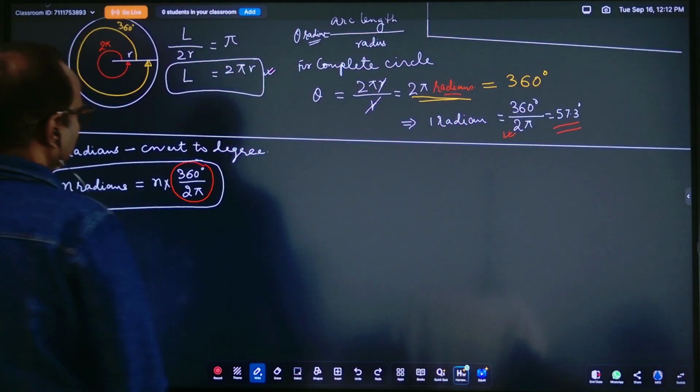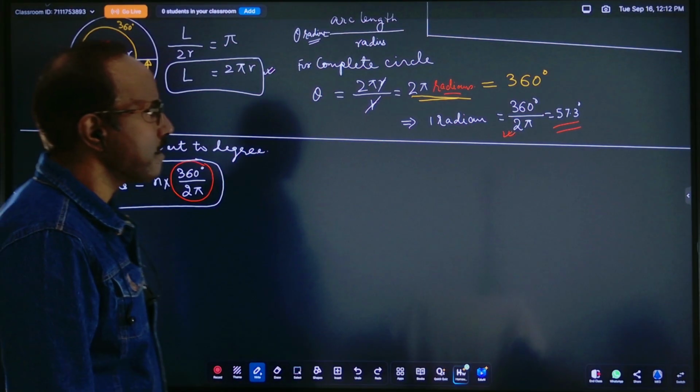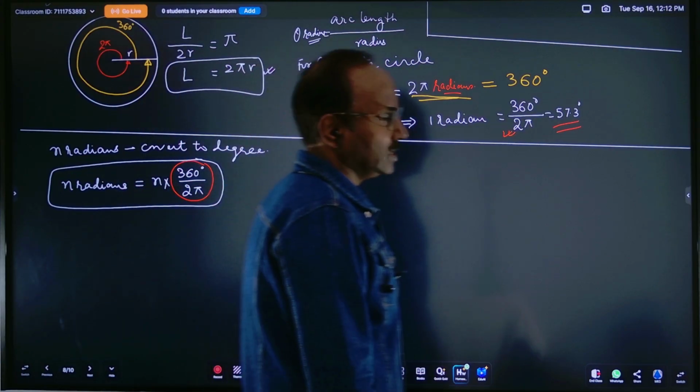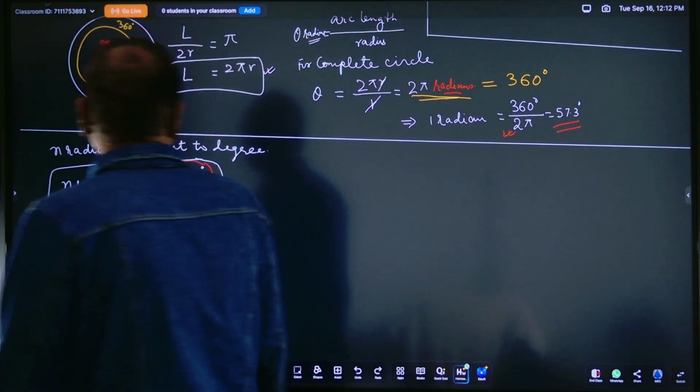What to do for converting degree to radians? You will just have to reverse it, right?